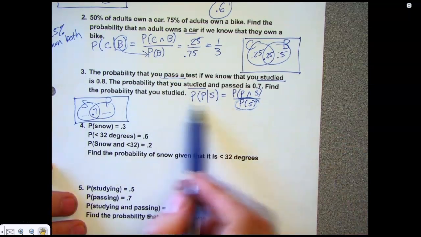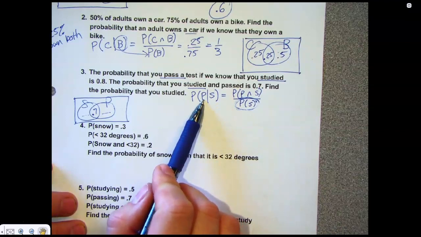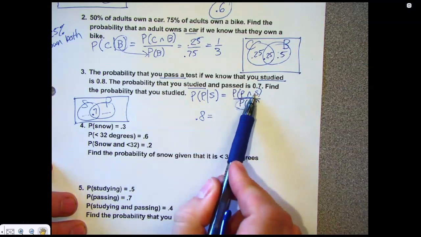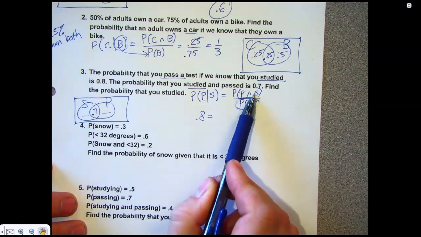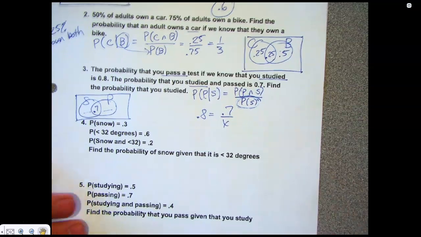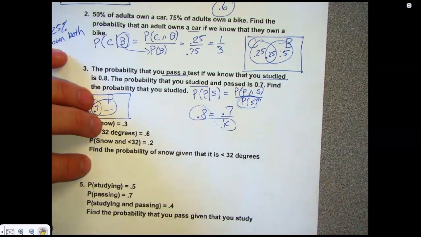So what's the probability that I passed given that I studied? That's the 0.8. What's the probability I passed and studied? That's the 0.7. And then you can just call it X. And that's what we're trying to find. So the diagram kind of falls apart a little bit, but this method will work. And then if you remember, there's this rule that says we can flip-flop those.